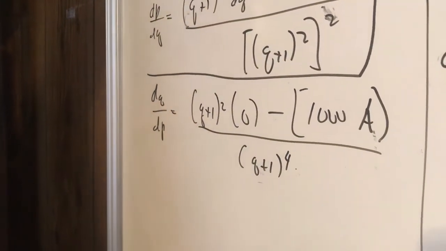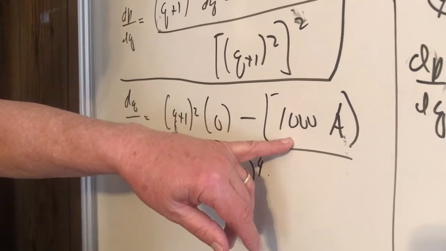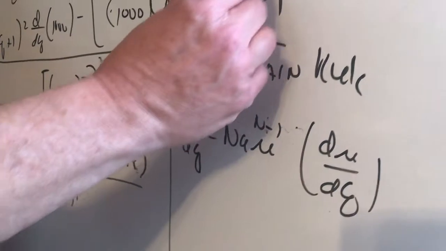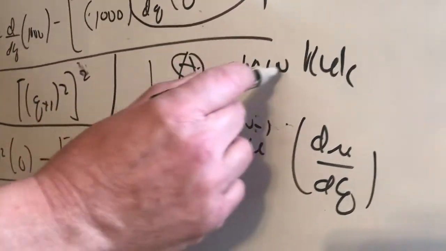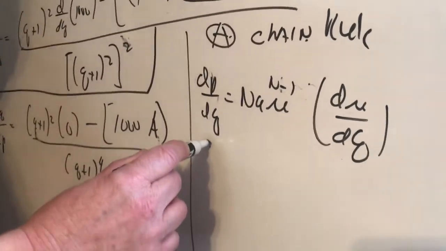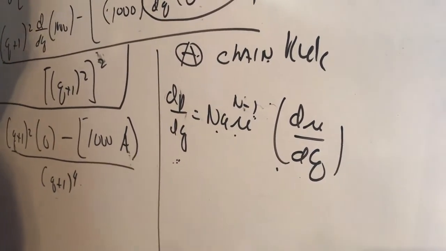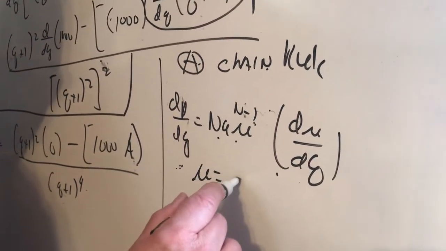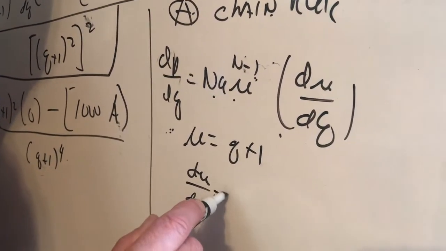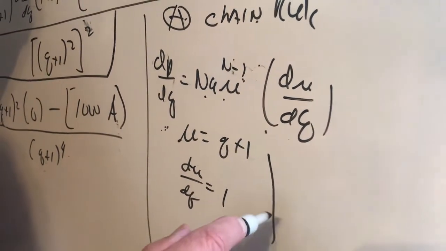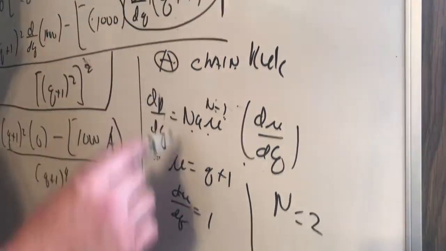All right, so now we have (q plus 1) squared times 0 minus 1,000, and I still have a factor here that I have to work on. So I'm going to do that over here. The chain rule formula is dp dq equals n a u to the n minus 1 times du dq. So in this case, we have u equals q plus 1, du dq equals 1, n equals 2, and a has a 1 in front, so a equals 1.